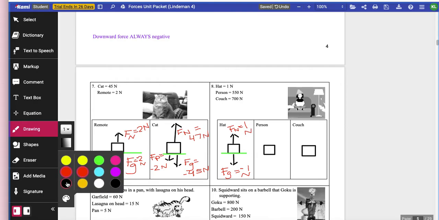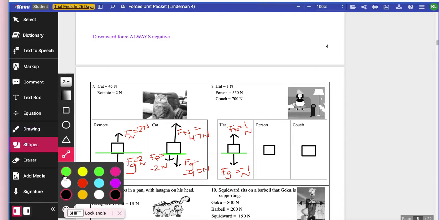I'm going to start drawing in my arrows. The person is sitting on a couch.